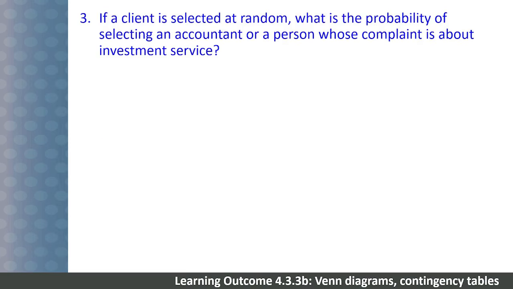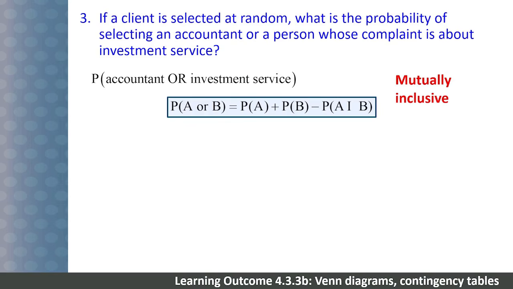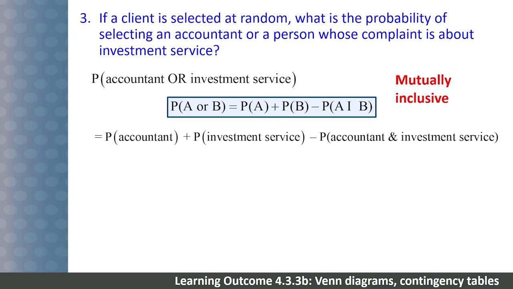Question 3. Here, we want to find the probability of a client being an accountant or complaining about investment service. So we need to use the formula for the probability of two events that are mutually inclusive. In other words, these two events can have some overlap between them. So we have the probability of an accountant plus the probability of a complaint about investment service, minus the intersection between the two.